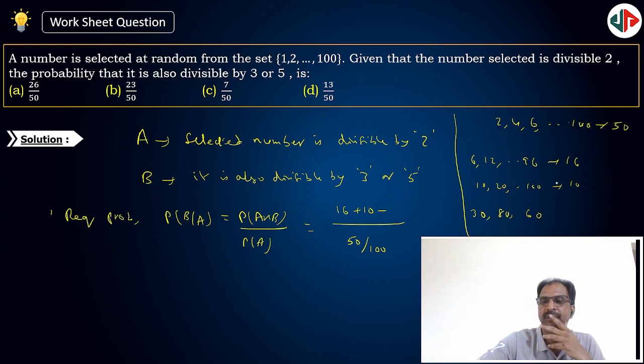These are the numbers present in multiples of 6 and multiples of 10. So these three cases you have to subtract. So 23 by 50. Option B.